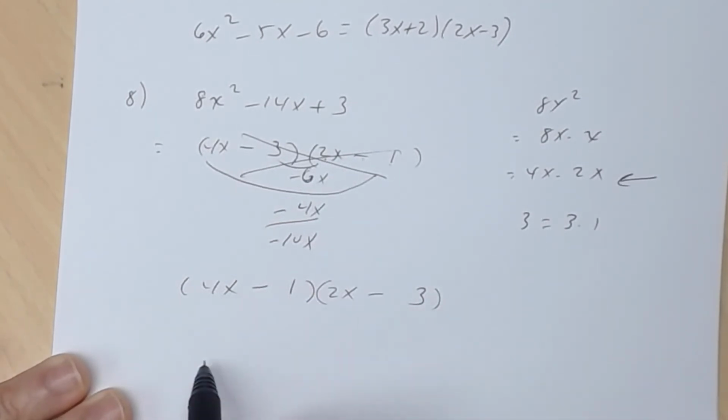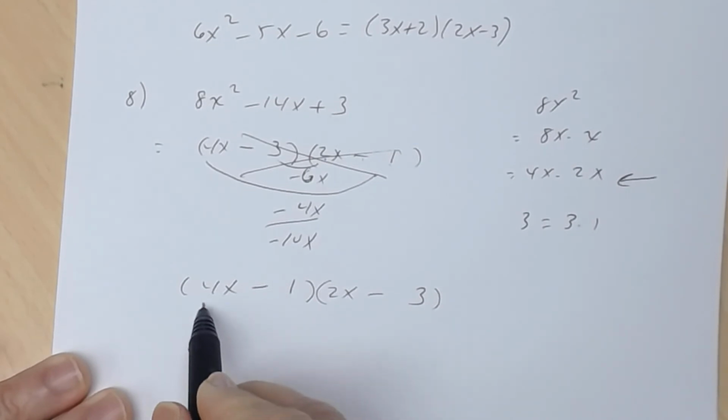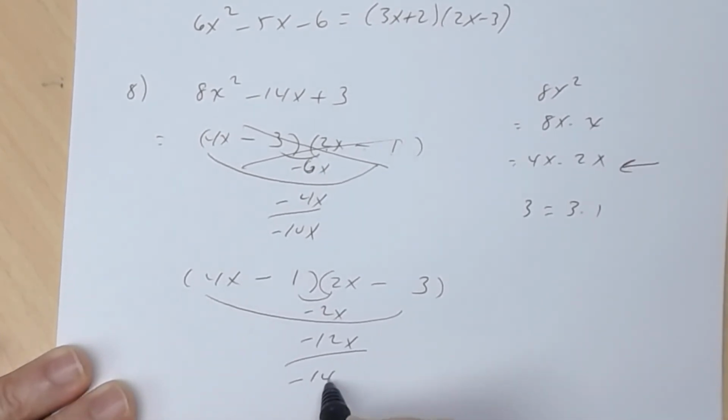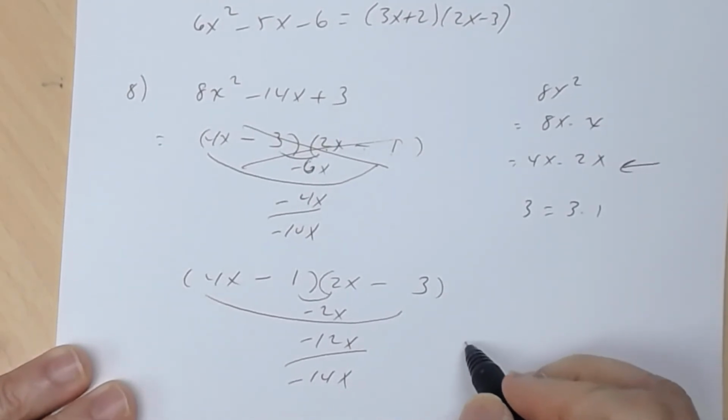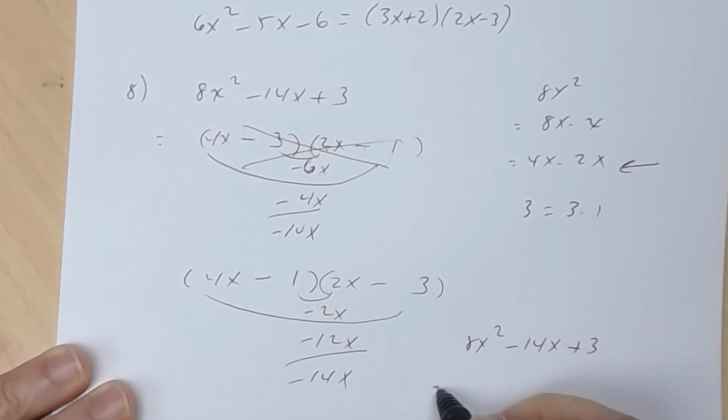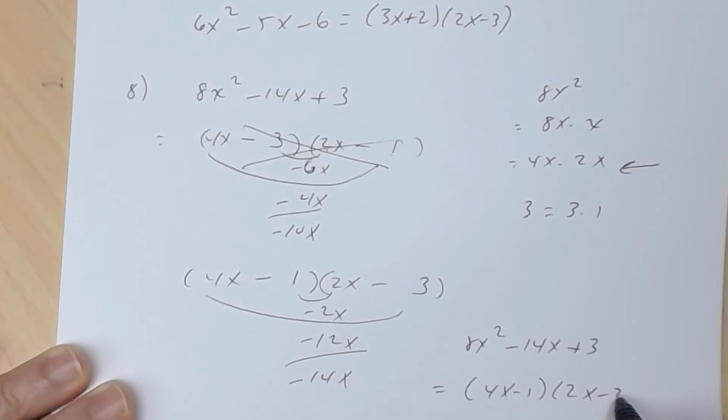They're both negative. Now let's check the outer and the inner. The outer is a negative 12x. The inner is a negative 2x. And when I add them up, I get a negative 14x, which is what you wanted. So now 8x squared minus 14x plus 3 can be factored as 4x minus 1 times 2x minus 3.